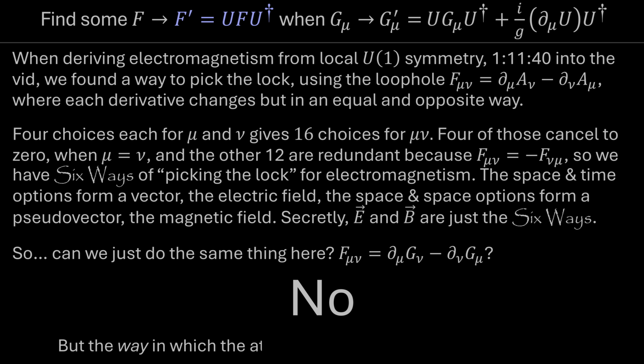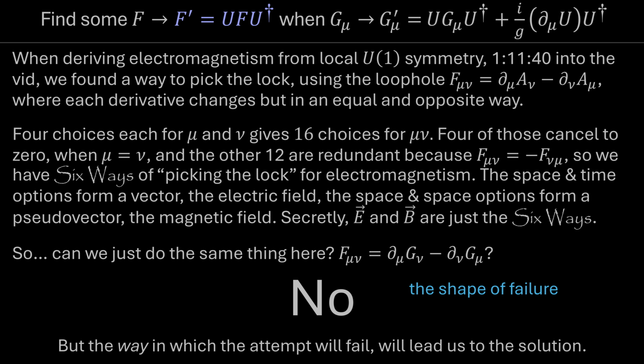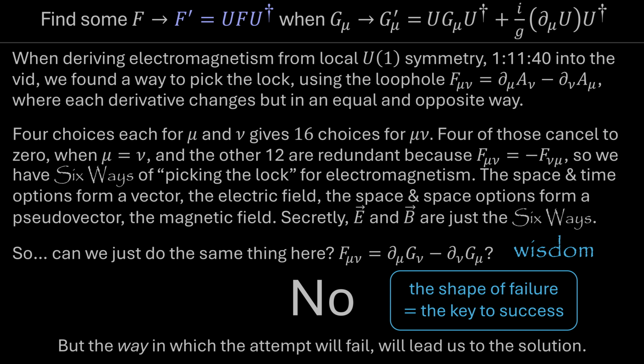But that doesn't mean we shouldn't try. Because sometimes failure happens. But if you carefully examine the shape of your failure, therein lies the key to success. And that's not just physics, that's wisdom. That's life. After all, are you not the product of 4 billion years of trial and error? On this planet?